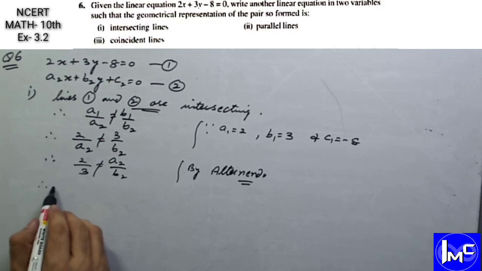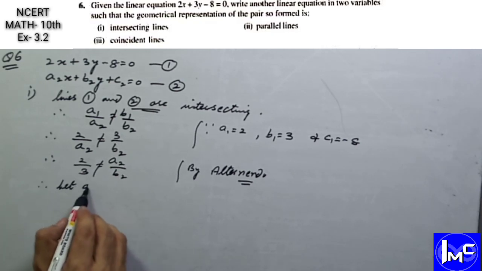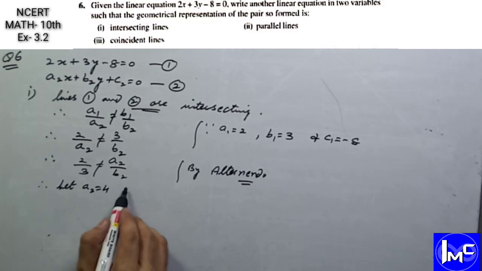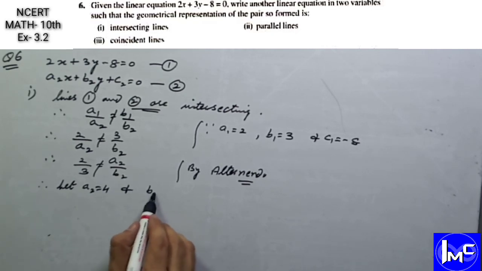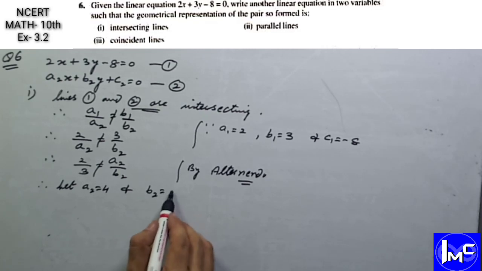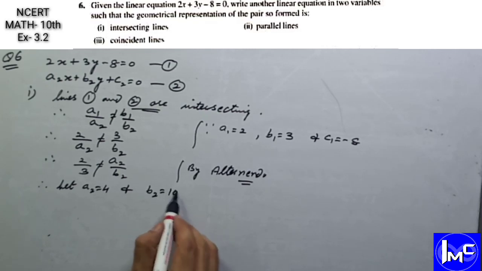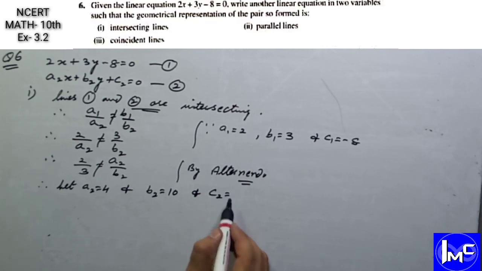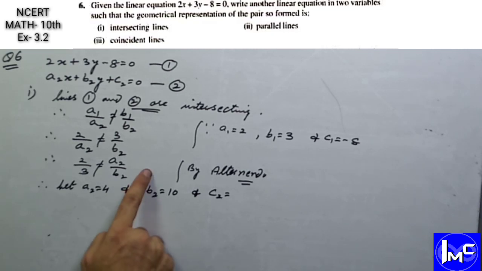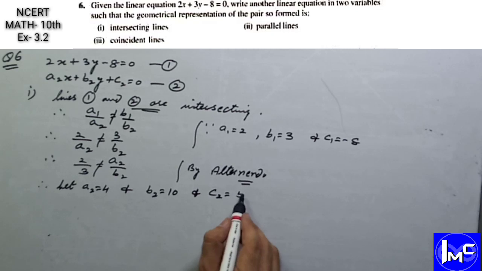Now therefore let a2 be 4 and b2 be, let us say, 10, and c2 can be any value, because here the relation of c2 is not existing, so it can be taken as any number.